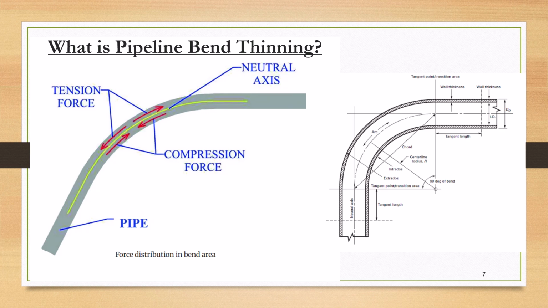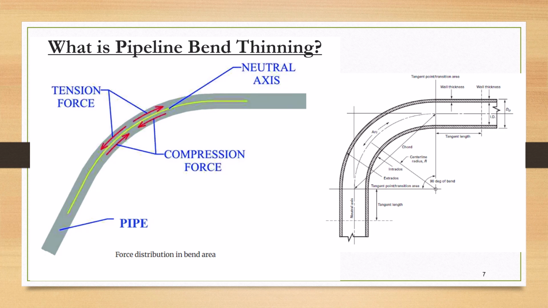That reduction in thickness of the pipeline bend is known as bend thinning. So towards the tension force area bend thinning happens, whereas in the compression area bend thickening happens.